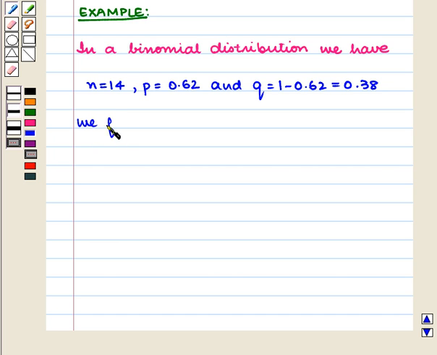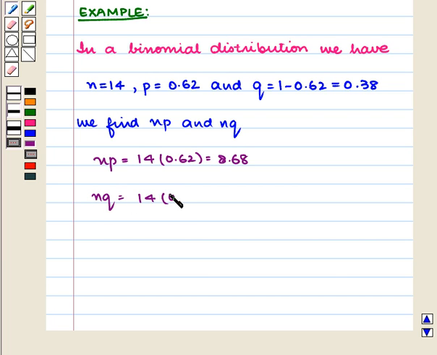We find np and nq. np is equal to 14 into 0.62 equal to 8.68 and nq is equal to 14 into 0.38 equal to 5.32. Both np and nq are greater than 5, so we can use normal distribution.